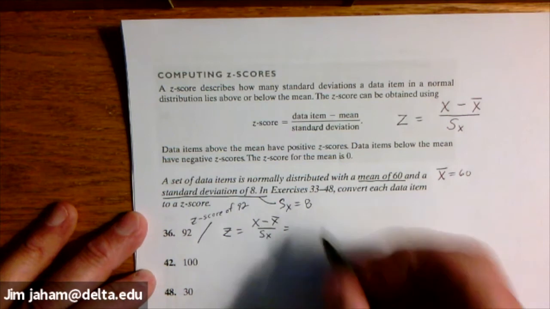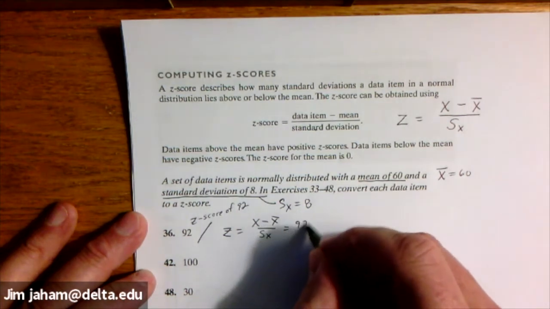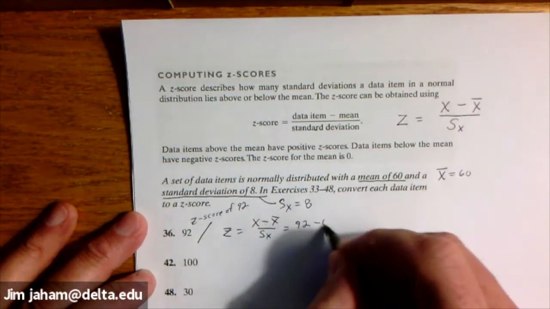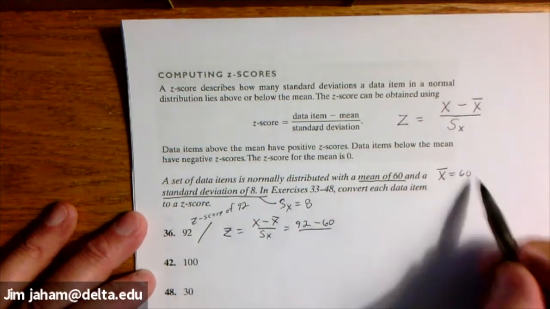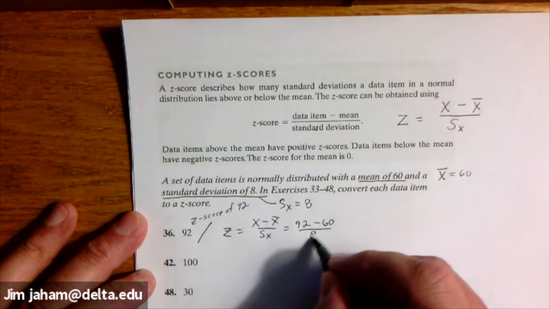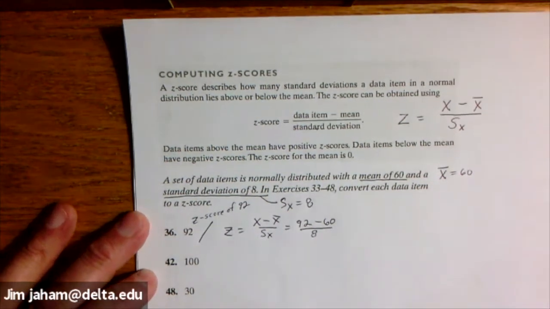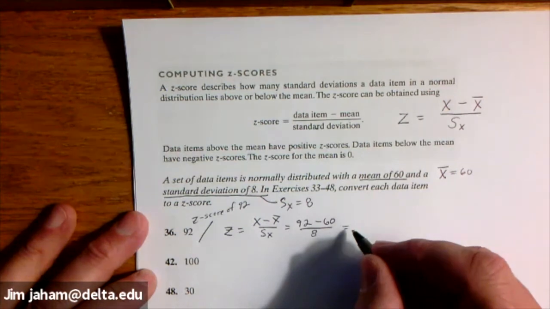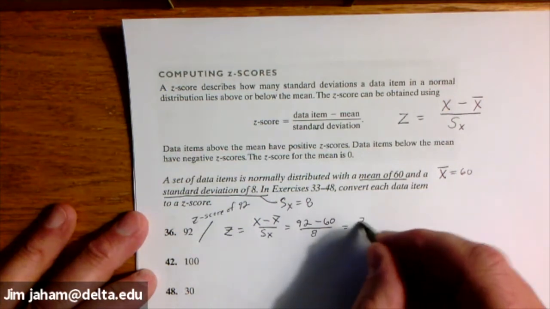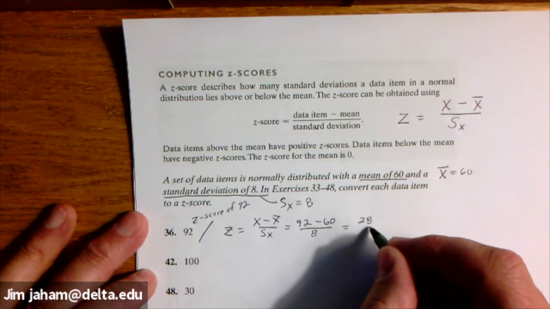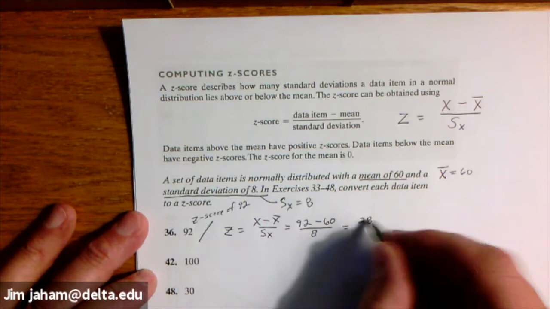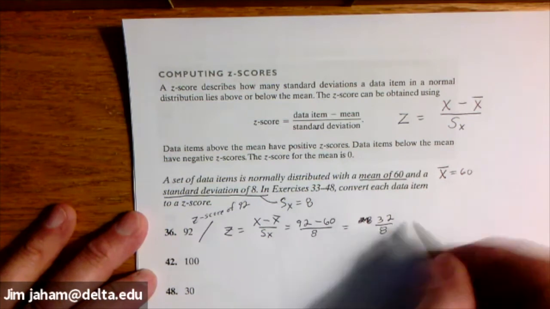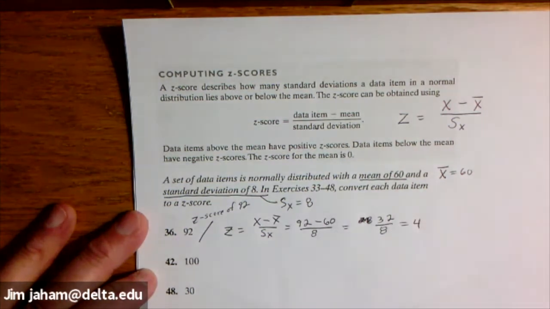The data value is 92 minus the mean, which is 60, and then we divide by 8. So this is 32. 32 divided by 8. And so the z-score is 4.